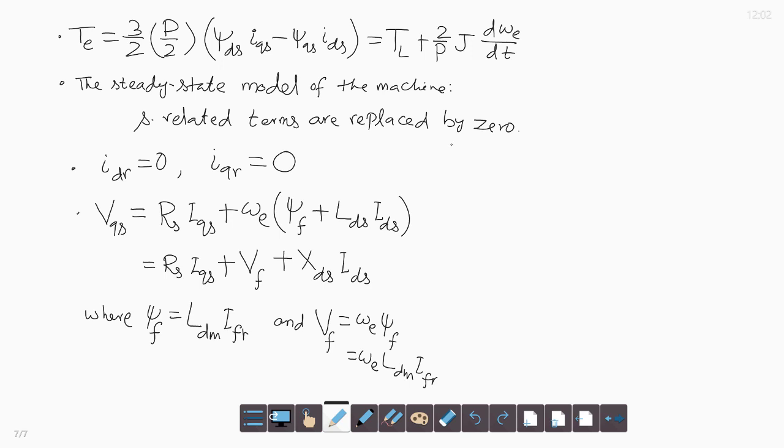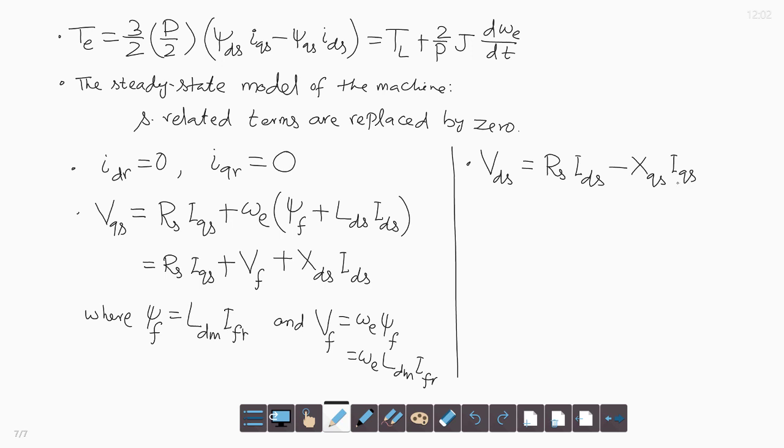Further, we will write VDS, D axis stator voltage, that is RS IDS minus XQS IQS. At steady state condition, this can be derived.